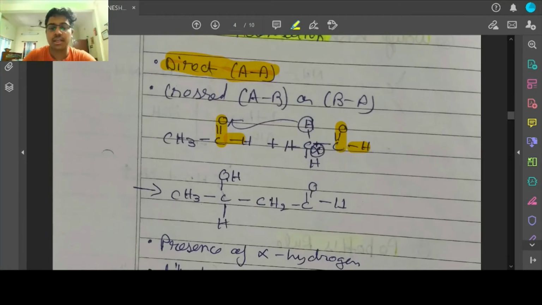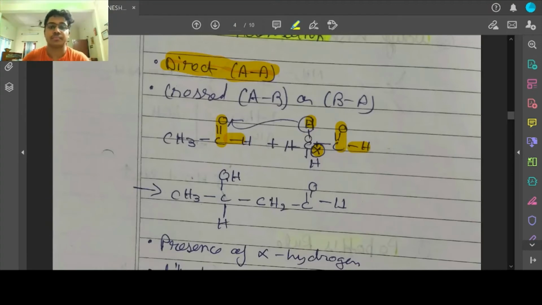The carbon present next to the aldehyde group or the ketonic group is termed as alpha carbon. Note my words: any carbon present next to an aldehyde group or a ketonic group is termed as alpha carbon, and any hydrogen attached to the alpha carbon is known as alpha hydrogen.